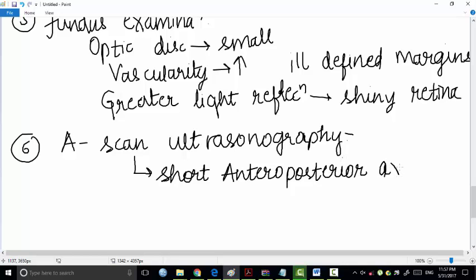Right, anteroposterior axis is seen short, especially in axial hypermetropia.